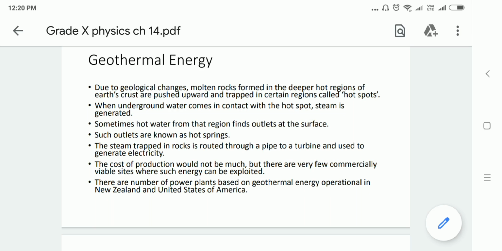But it is very difficult to extract the energy from the outer surface of the earth, from the environment of the earth. Another option is available with us. This is the underground rocks. Under the earth layer, heat is more.